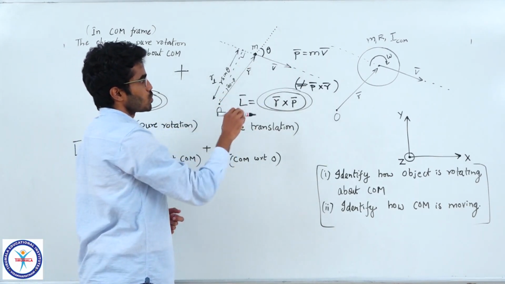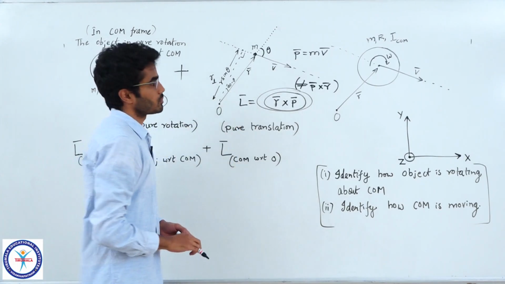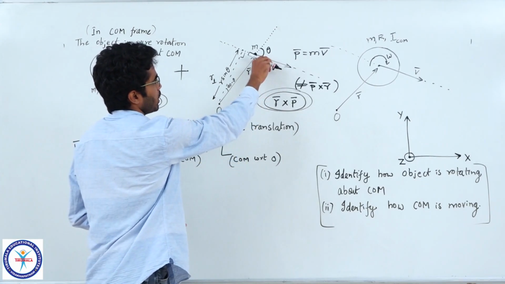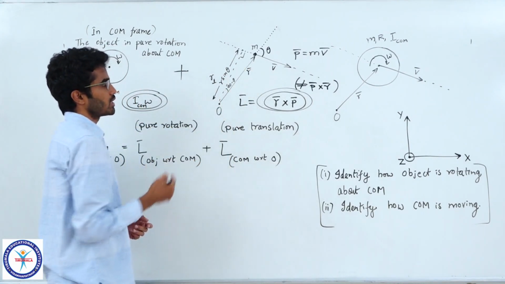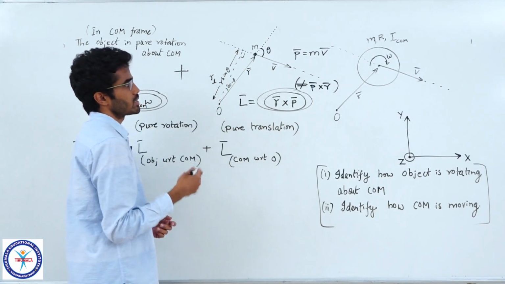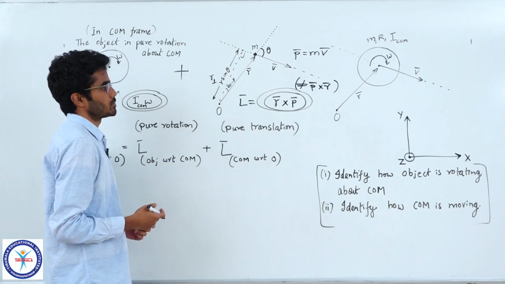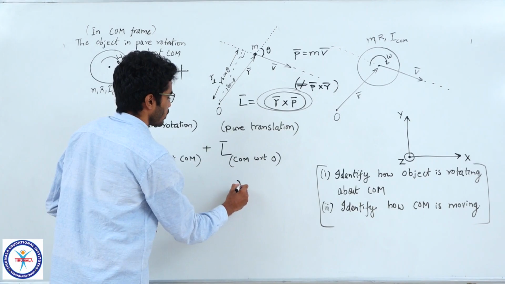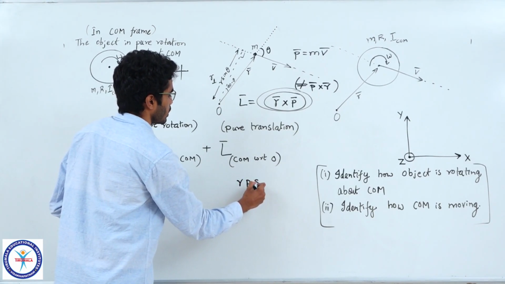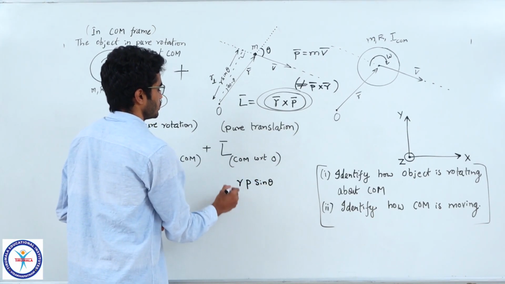Velocity is in this direction, so momentum is also in this direction. So, r vector and p bar are directed this way. How do you take the cross product r cross p? It is r p sin theta. So, let us write it first. So, this will be r p sin theta.